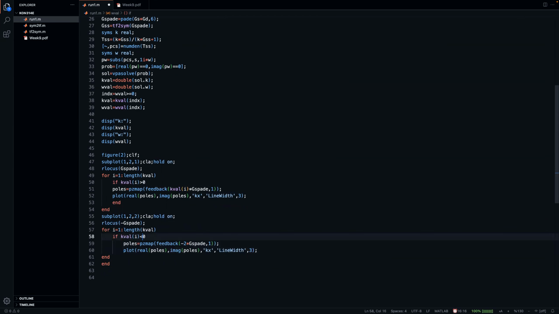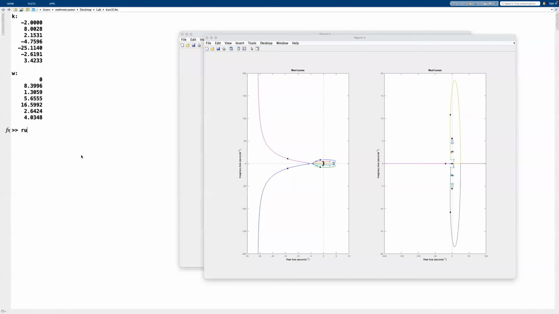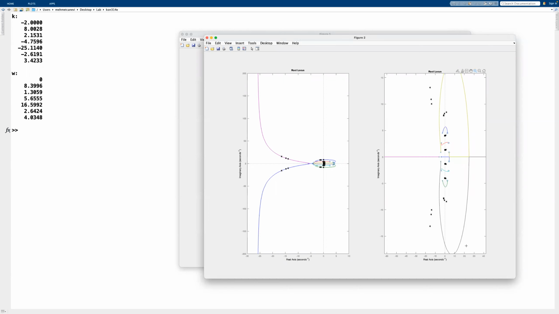Now, if it's a negative value, then I'm interested in k val index i, and that's more correct, I guess. There we go. Now you can see we have more and more crossings, and it becomes out of control, but we can still deal with that because that's not that big of an issue.